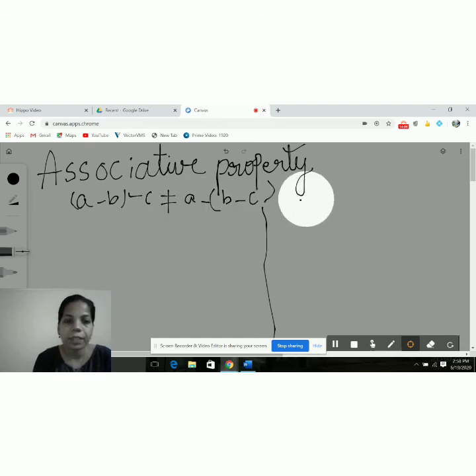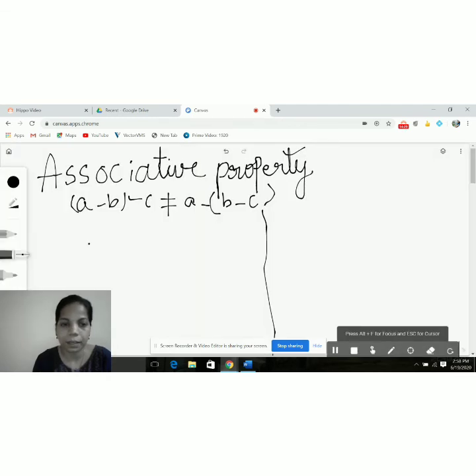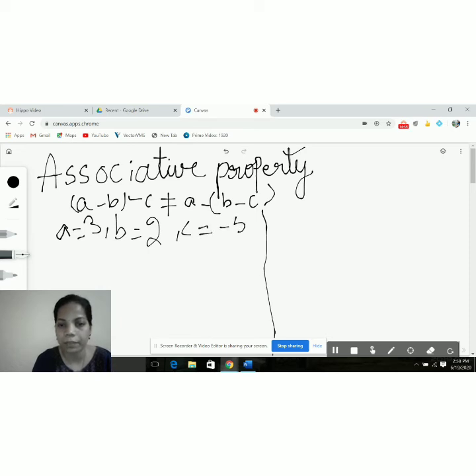I repeat, if a, b and c are any three integers, then a minus (b minus c) is not equal to (a minus b) minus c. Now we will prove this property with the help of an example. Let us take a is equal to 3, b is equal to 2 and c is equal to minus 5.